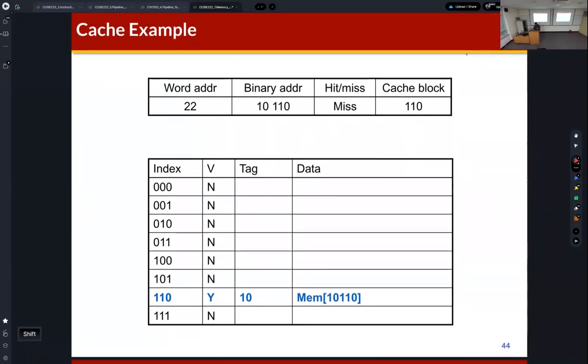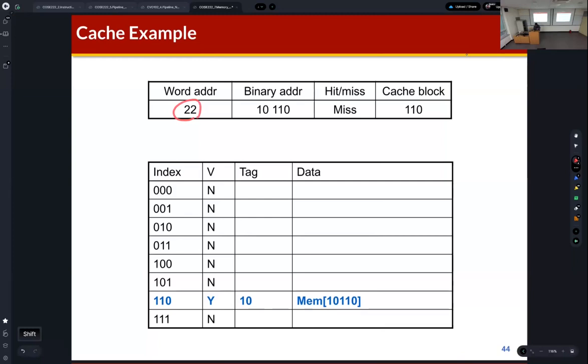And then this is the word address. Let us assume that this data is requested from main memory, like a load word instruction. A processor executes a load word instruction, and then data is requested from the main memory.